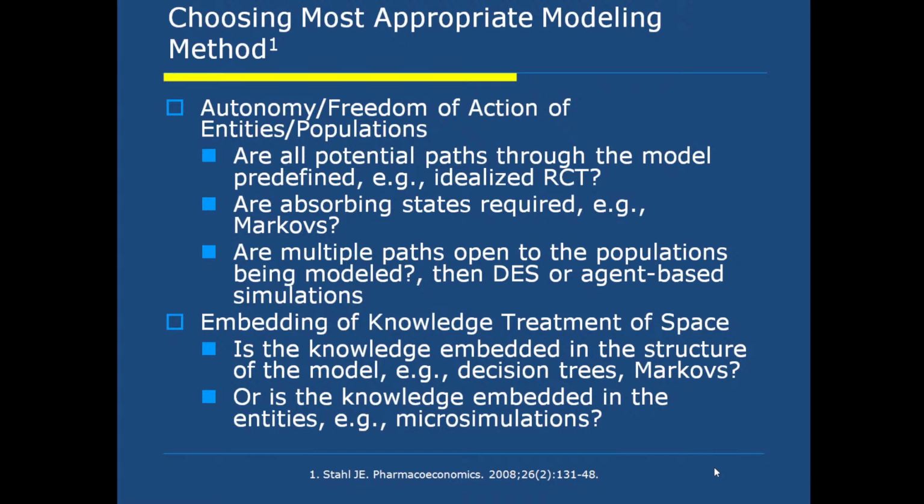Are all potential paths through the model predefined? Are absorbing states required? Are multiple paths open to the populations being modeled? Then discrete event simulation or agent-based simulation should be used.